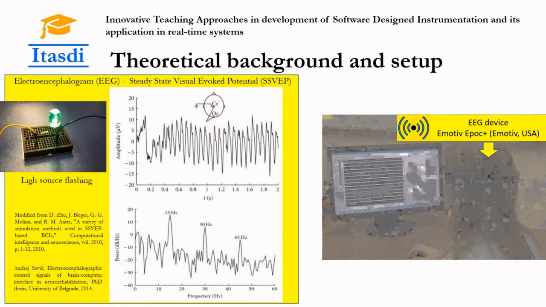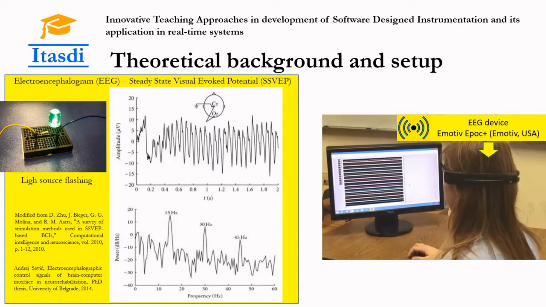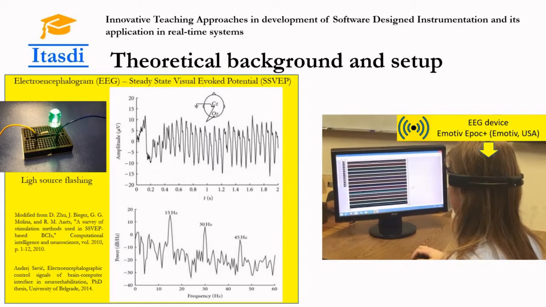The corresponding power spectrum is presented in figure left bottom, and the peak at 15 Hz is visible as well as higher harmonics. An EEG system setup that we used for the demonstration is presented in the video on the right side.